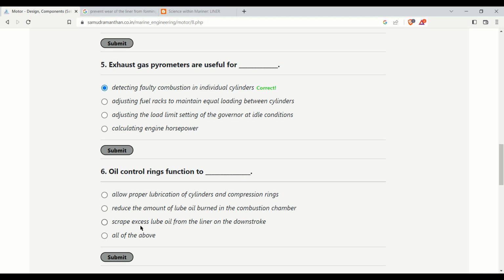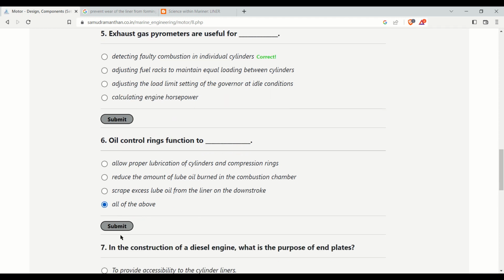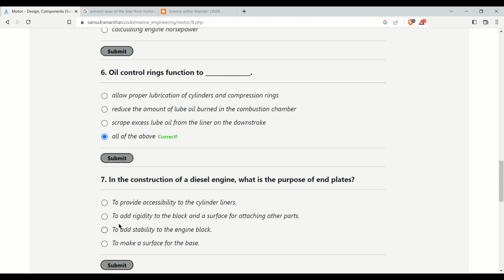The correct answer should be all of the above. Yes, all of the above, because all the three options are correct regarding oil control rings.